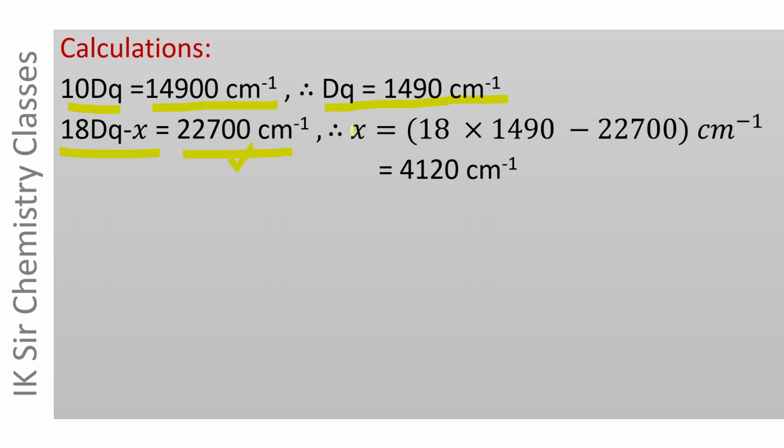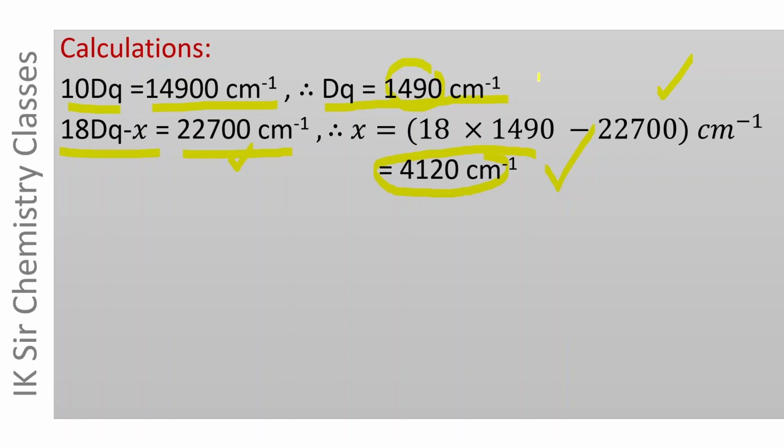On solving it, x equals 18 into Dq, that is 18 into 1490 cm⁻¹, minus 22,700 cm⁻¹, and on solving we get x equals 4,120 cm⁻¹.